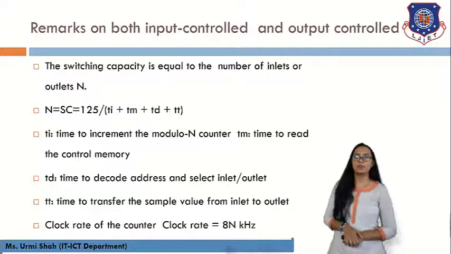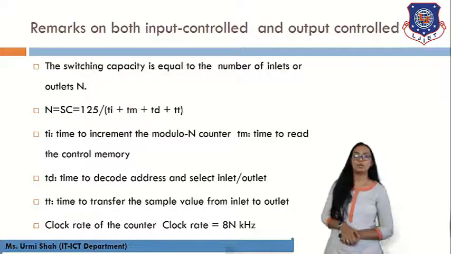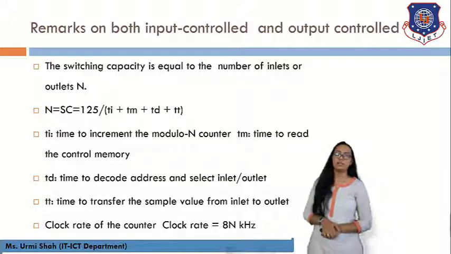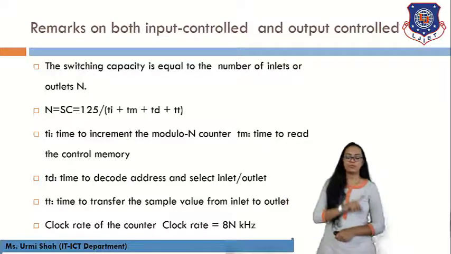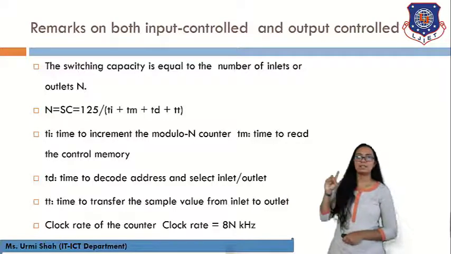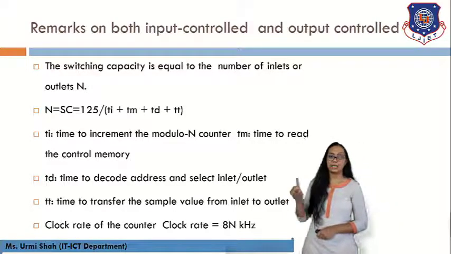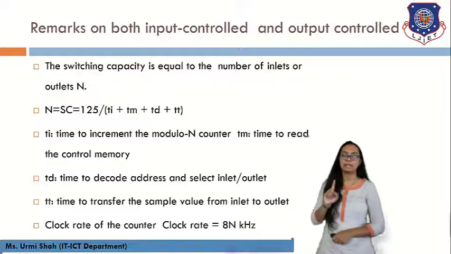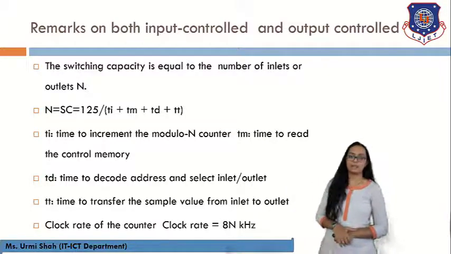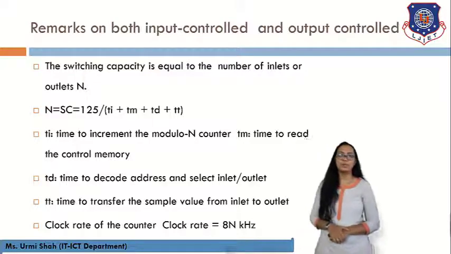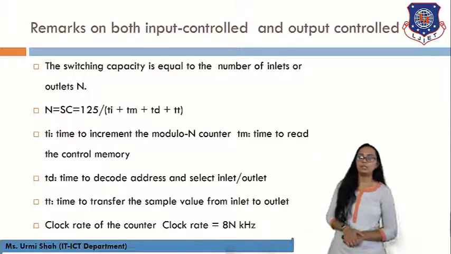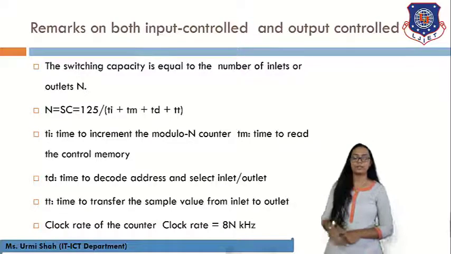The formula we saw in the previous session was 125 divided by TS. Instead of TS, here we will have different time durations, that is TI plus TM plus TD plus TT. Now what are all these time durations? TI is the time to increment the modulo n counter.